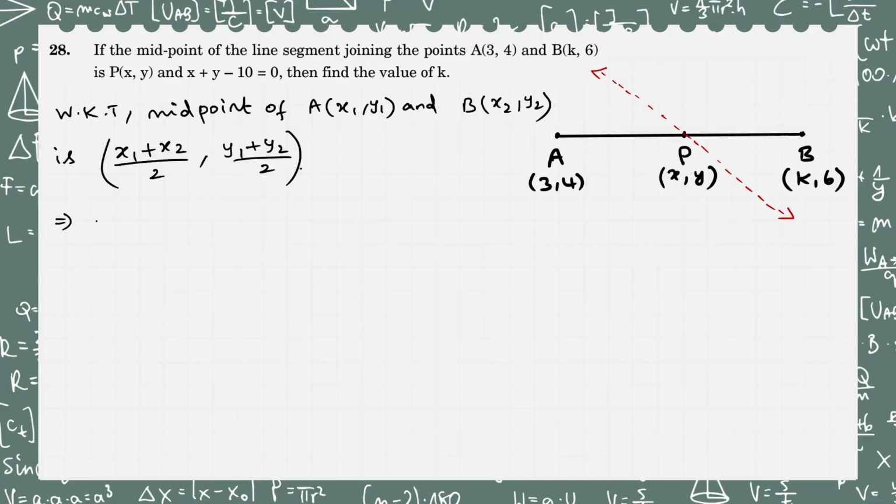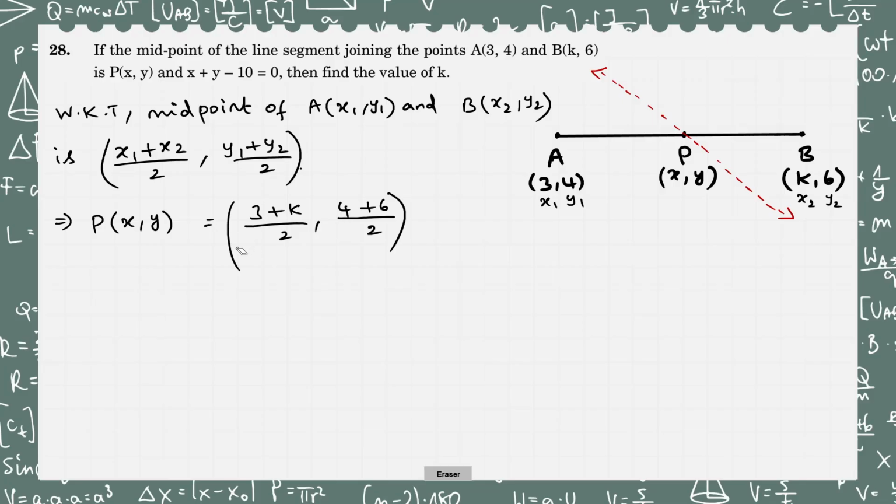So that implies P of x, y is equal to, if I call A as x1, y1 and B as x2, y2, then this will be 3 plus k by 2, 4 plus 6 by 2, isn't it? So this is our expected midpoint.